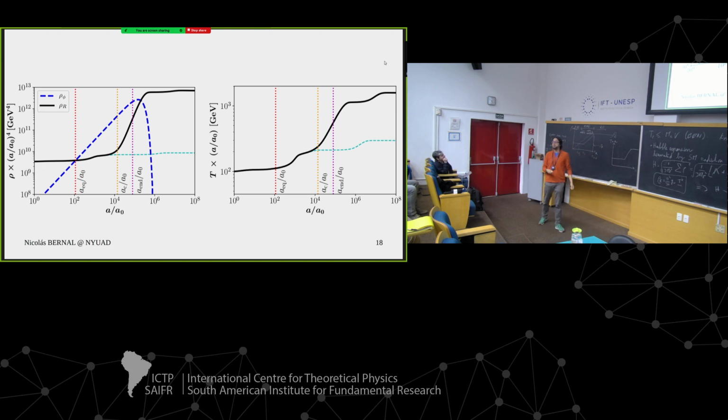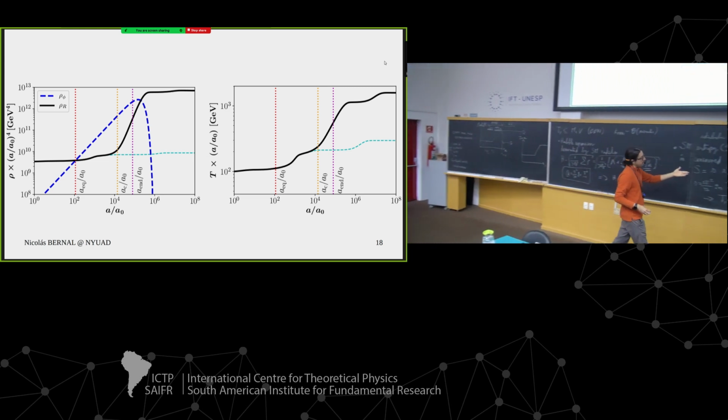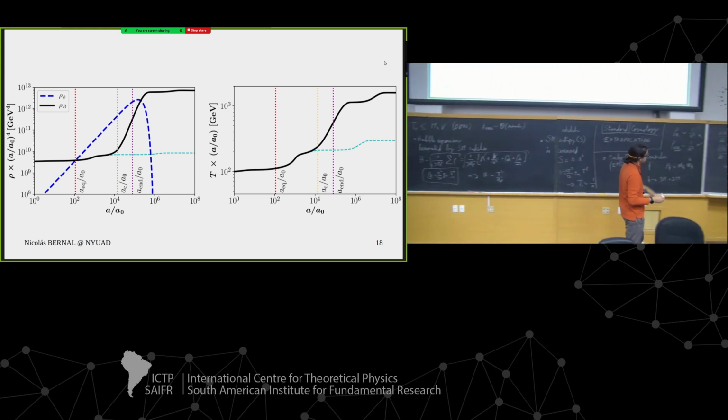I have a source term, and therefore the temperature is getting diluted, decreasing less fast than free radiation. This early matter domination could be triggered by a heavy particle, a neutrino, or a primordial black hole, for instance.